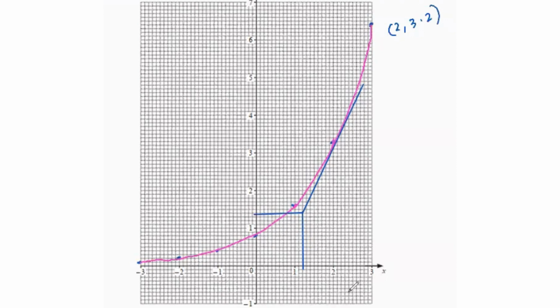That's going to be 1.2 over here and 1.4. So 1.2 and 1.4. Your gradient would be 3.2 minus 1.4 divided by 2 minus 1.2, and that should give us 2.25. That is the value of the gradient that I'm getting.